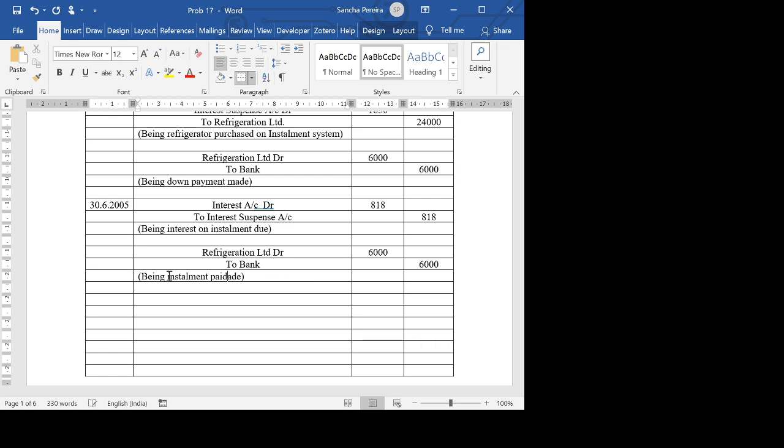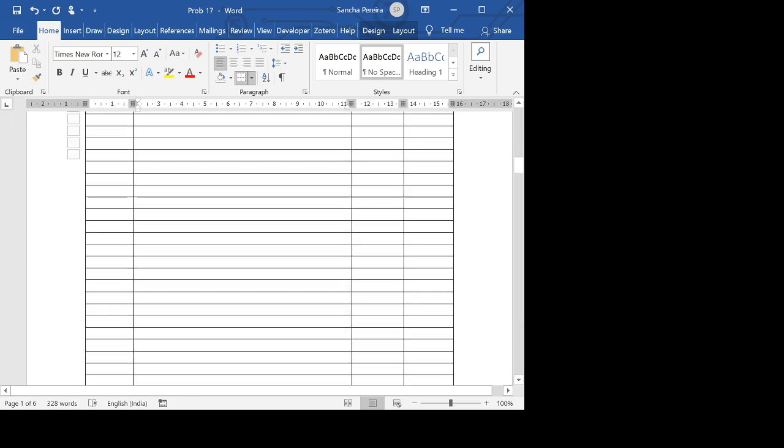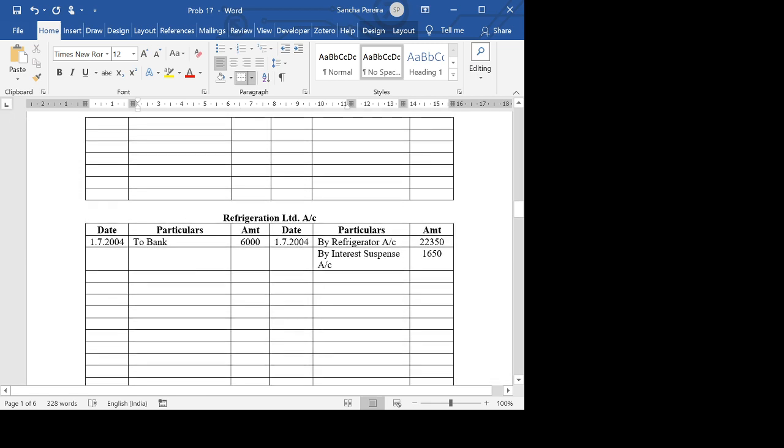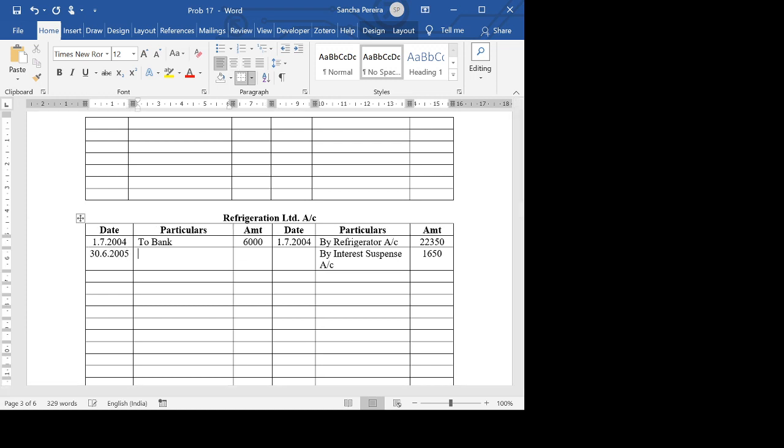So on 30th June 2005 to bank. This is basically your down payment, we just want to distinguish, and this is the installment. Okay, so we have posted this entry.